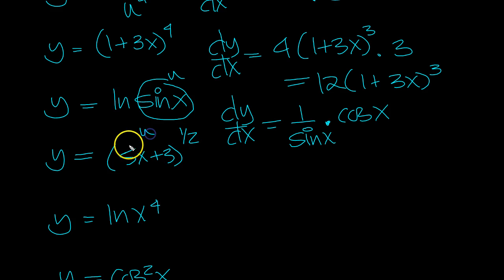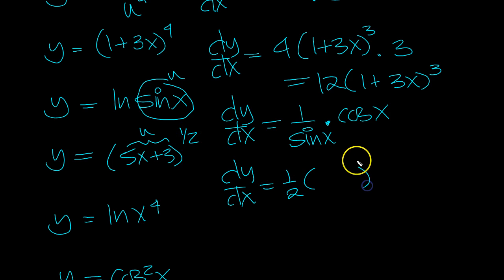So there's your u, in your mind's eye. So dy/dx, differentiate the something, u to the half goes to half of u to the minus a half, one less, power rule, multiplied by the something differentiated, du/dx is 5. So we end up with 5 over 2, don't we? So let's just put it in here.